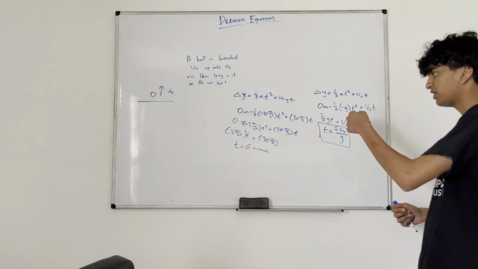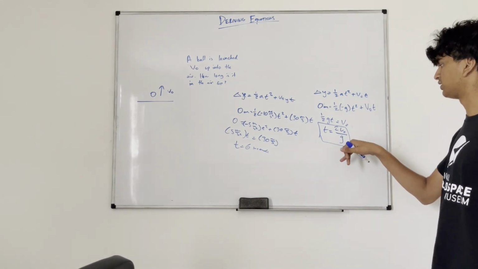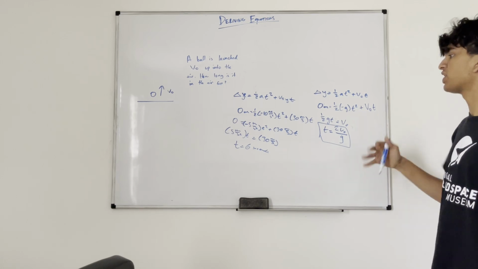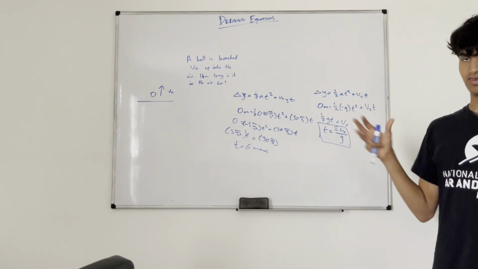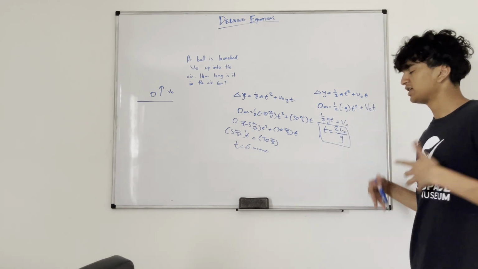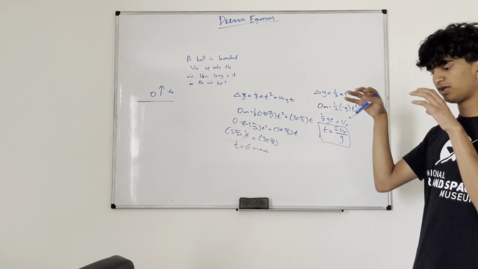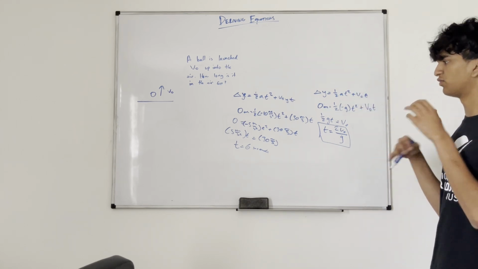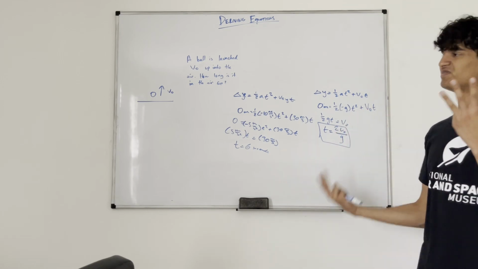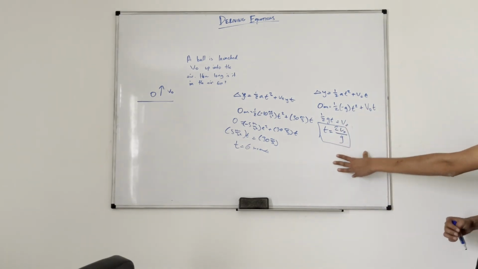Now I can plug in 30 as v naught and 10 for g. 2 times 30 over 10, 30 over 10 is 3, times 2 equals 6. I just get 6 seconds from this simple equation.